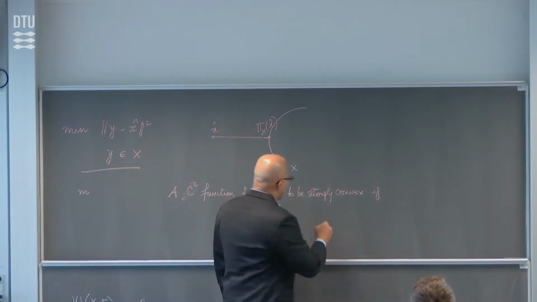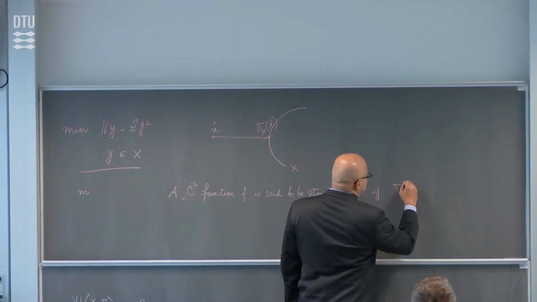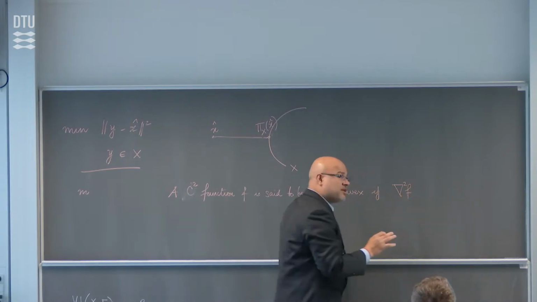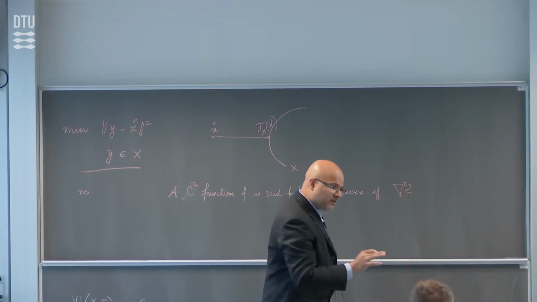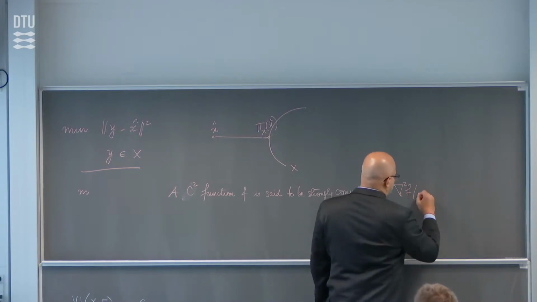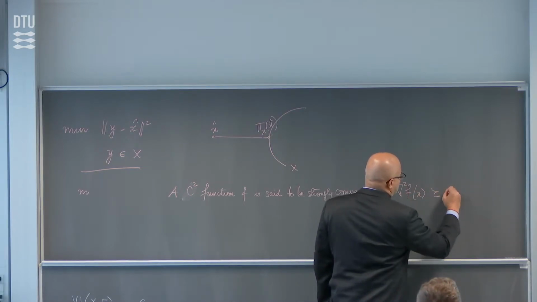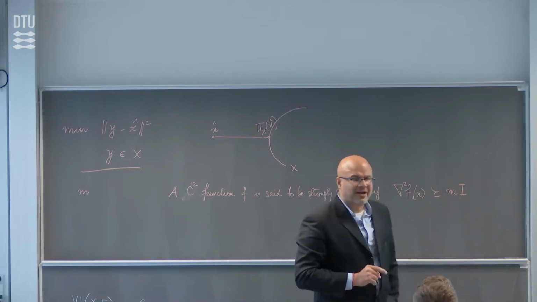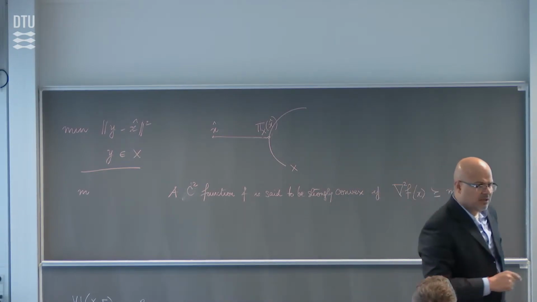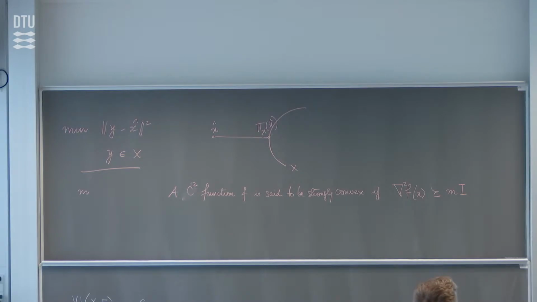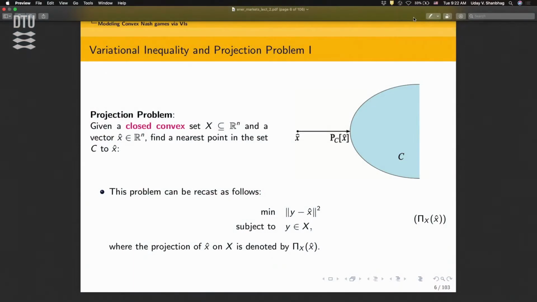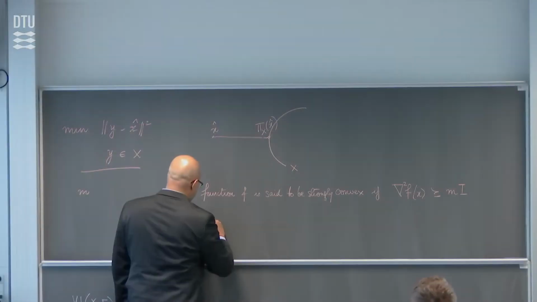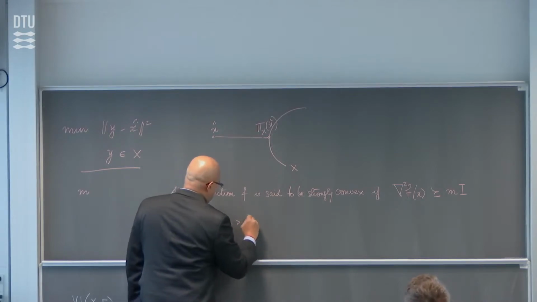If the Hessian of the function, and there are other representations when it's just once differentiable, or not even, what this means is that the smallest eigenvalue of this Hessian matrix is at least m, whatever x might be, for some m greater than 0.